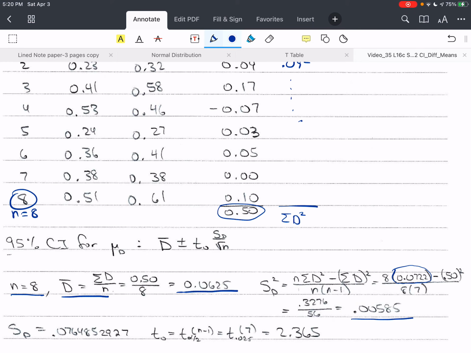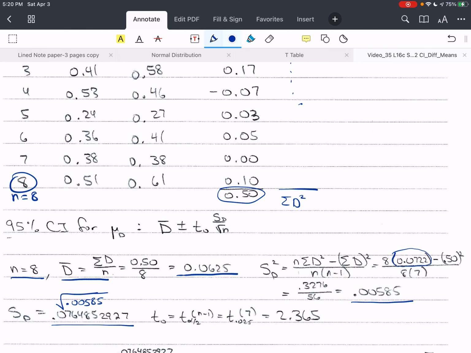So s sub d is the square root of this. It would be easier actually to write the square root of 0.00585, and I was tempted to do so, but I wanted to write out all the decimal places so that I could emphasize do not round, or you might get the wrong answer. So s sub d is, in my calculator, I get all those digits.